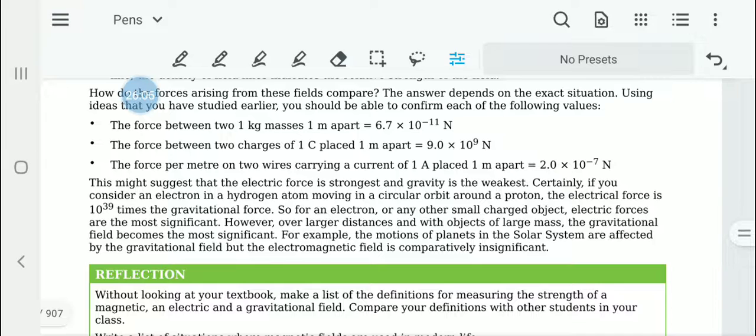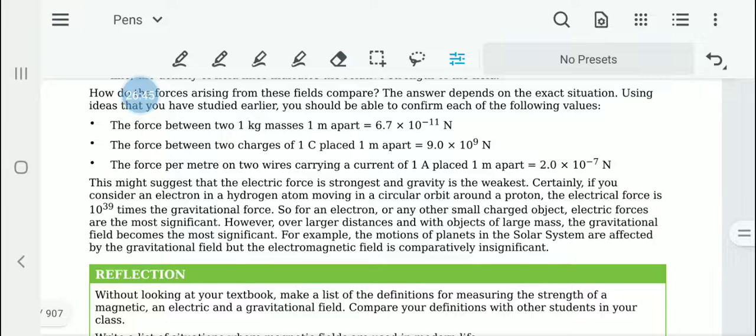So as a result, we can see the gravitational force is the weakest, and the electrical force is the highest.